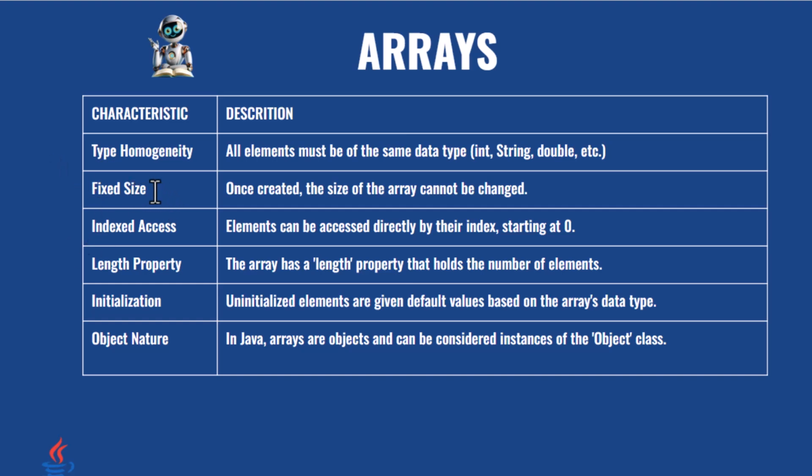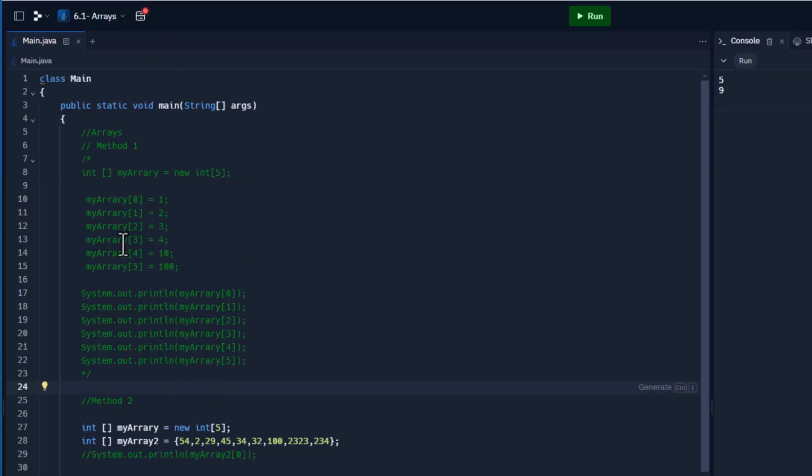They're fixed in size, so once we create it, we can't change the size. They're index based. Whenever we want to find something or assign a value, we have to use that index. So that would be something like this, right? We're assigning a value to the third index, and we're assigning a value of 4.